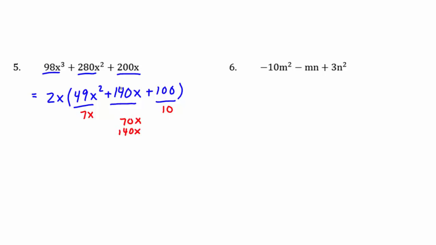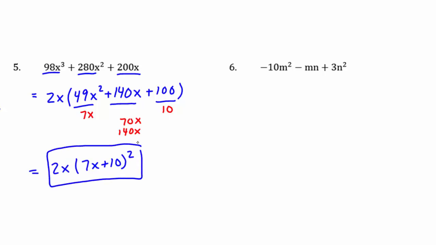So this is a perfect square trinomial for us. You can also use the AC method, but this becomes large numbers and it can become very difficult. So when you use this quick method, you say, look, this is 7x plus 10 squared is what this would be. And don't forget to bring this 2x down. And that's our answer for number 5.